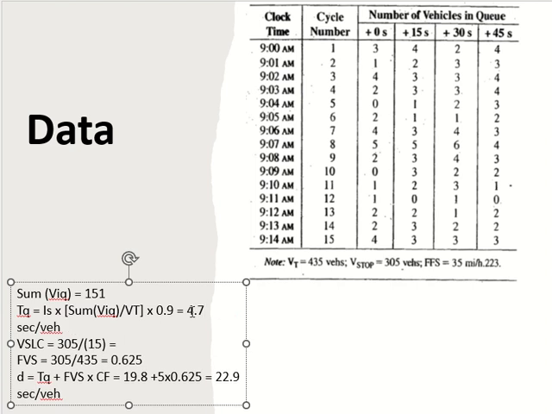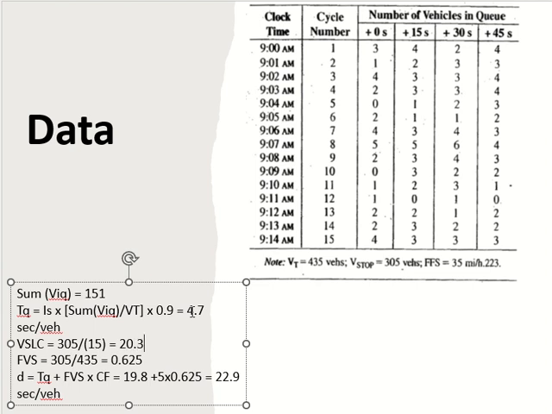Okay. Then vehicles stopped per lane per cycle. Number of vehicles stopped is here. Number of cycles. Okay. Number of lanes, 1. Okay, 1 lane. How much?